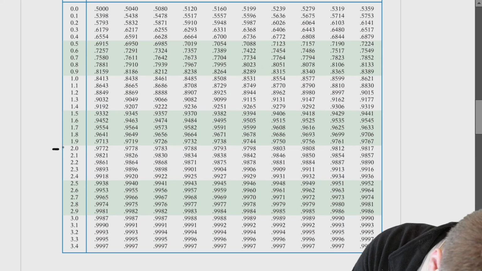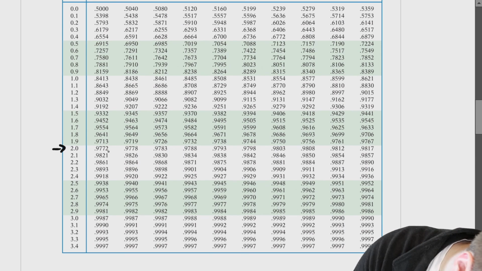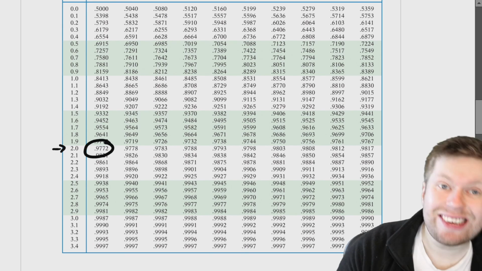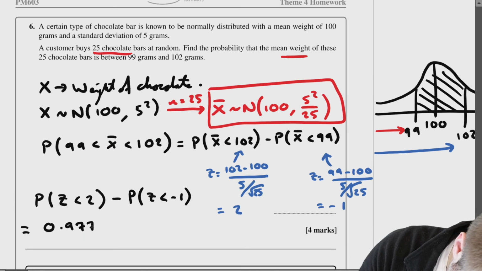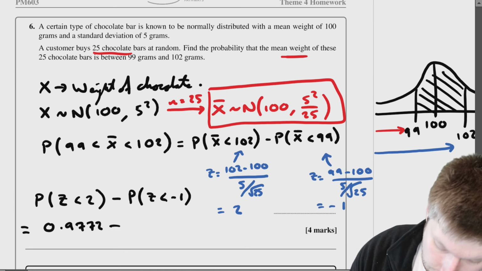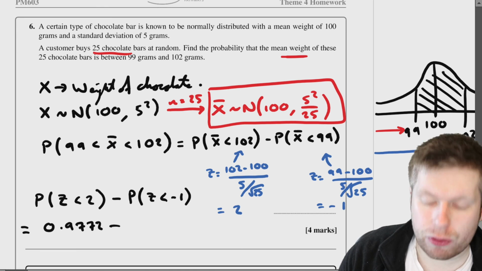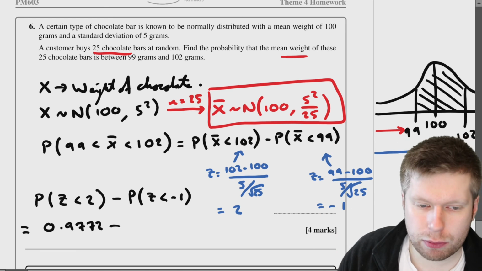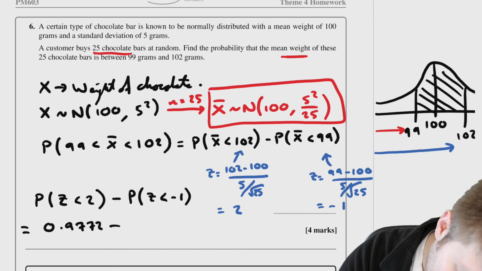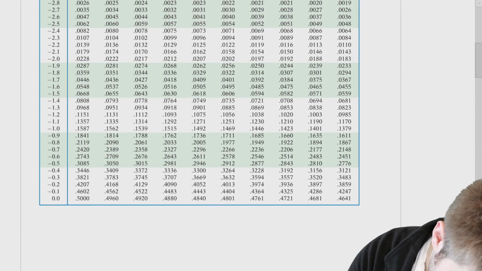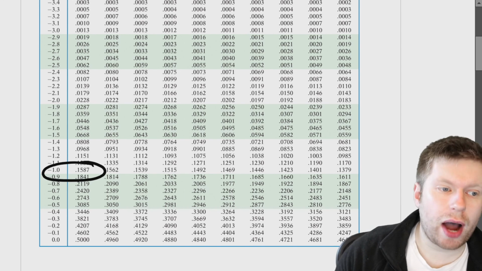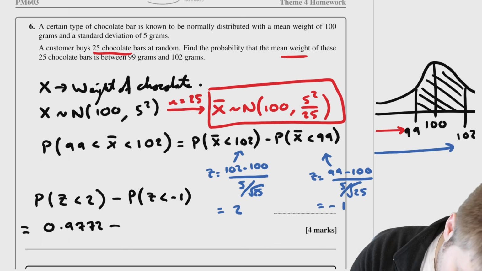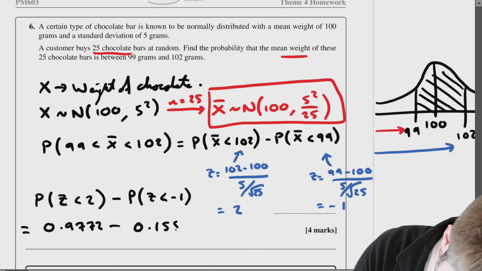So there's 2, and it's 2.00, so therefore it's 0.9772. That's the probability of obtaining a value less than 2. If I'm looking for z less than or equal to negative 1, or just less than negative 1, it's the same thing. I look up negative 1.00, that's 0.1587.